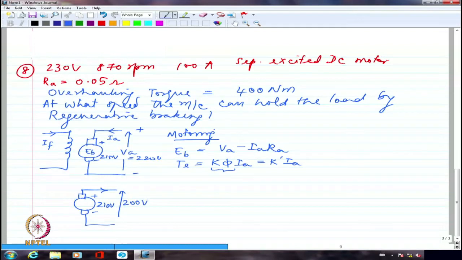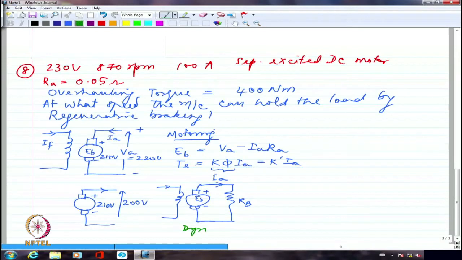If you may recall, in dynamic braking or rheostatic braking, what we did was to connect a resistance. The field was still there, but what we did was, this EB was circulating a current IA, which was actually getting dissipated. The current was dissipating the power in the form of heat in RB. This is what we did in dynamic braking. So this is dynamic braking or rheostatic braking, because we were connecting a rheostat, whereas this is regenerative braking.